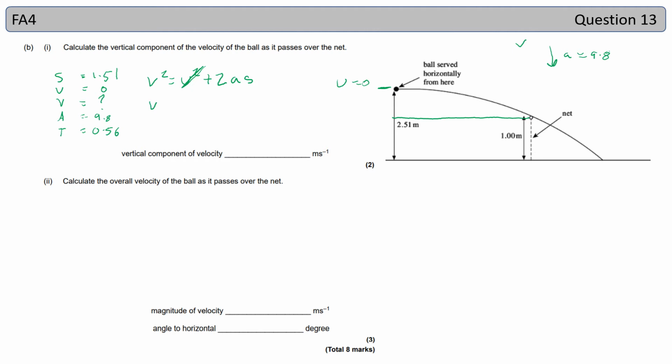This means that v is equal to the square root of 2as, which is equal to the square root of 2 times 9.8 times 1.51. And when we plug that in, we get an answer of 5.44 meters per second.